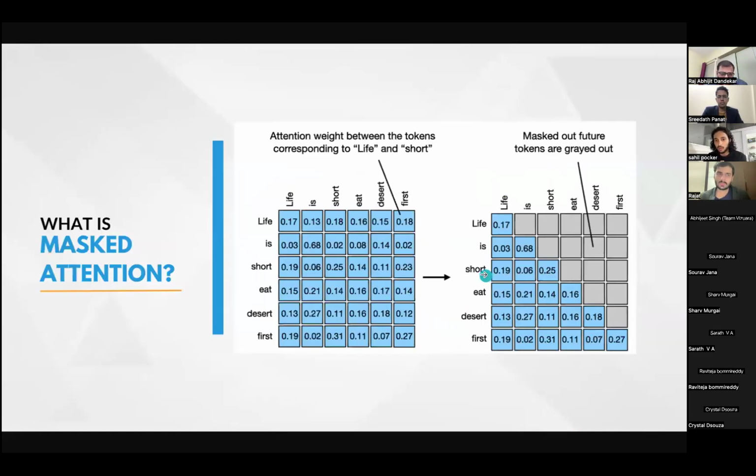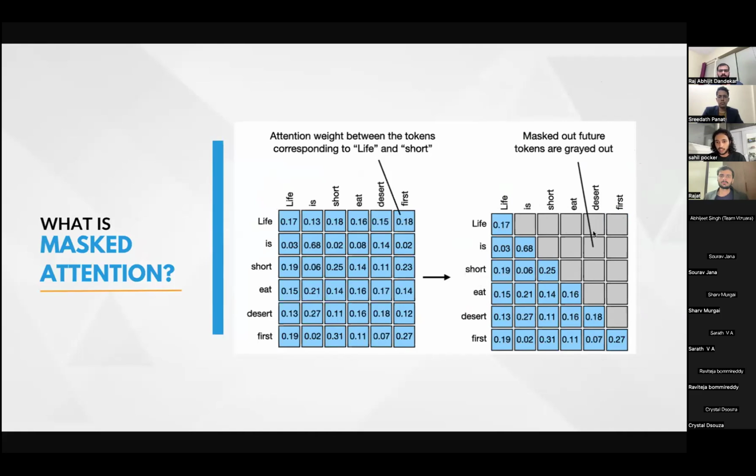But when generating a new word, you don't want the model to peek forward, right? If you're generating a word, you don't want to peek at the words which are coming later. So what we do is we mask all of the later words. So if you're at a given word, you won't be able to access all of these later words.